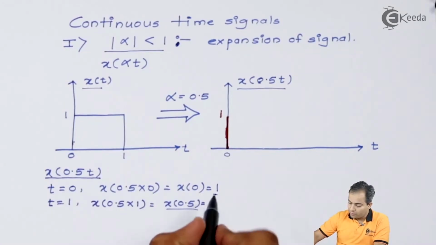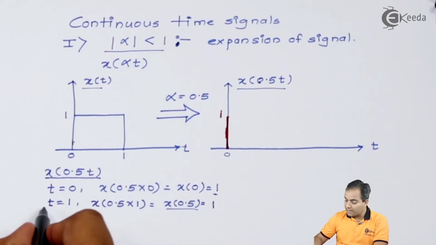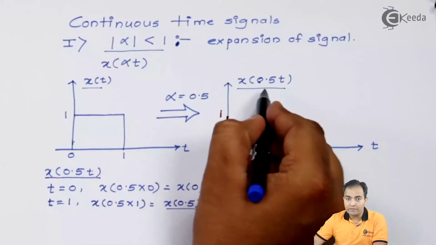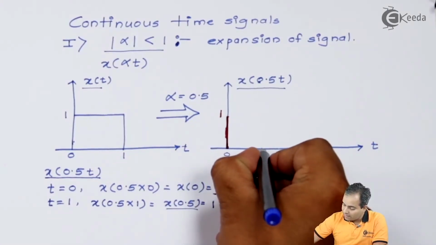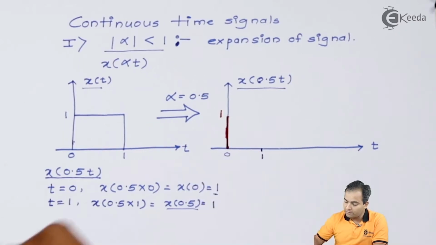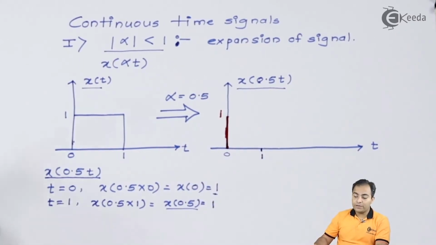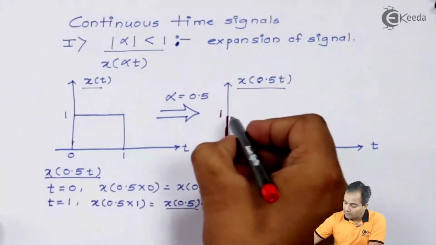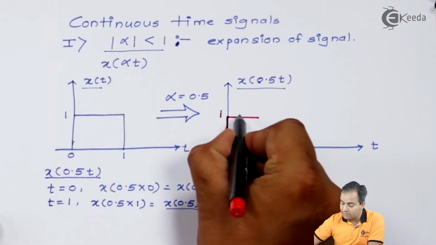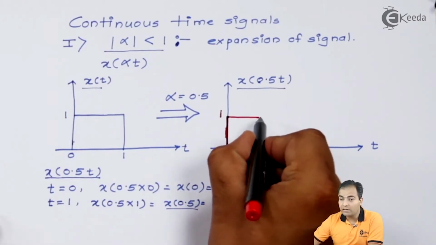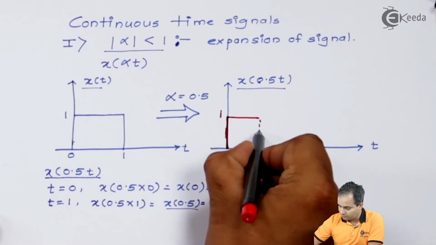So I'll write 1 here. Now you can say that at t equals 1, x of 0.5t has amplitude 1. So let's say over here you have 1, and the amplitude of this graph is also 1 till 1. I'll draw a constant line because it is a step wave till 1.